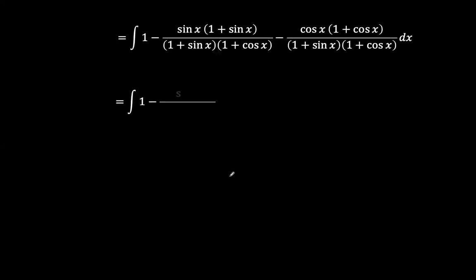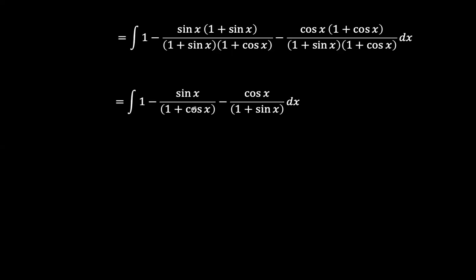So we are left with 1 minus sine x over 1 plus cosine x minus cosine x over 1 plus sine x. This can easily be integrated.